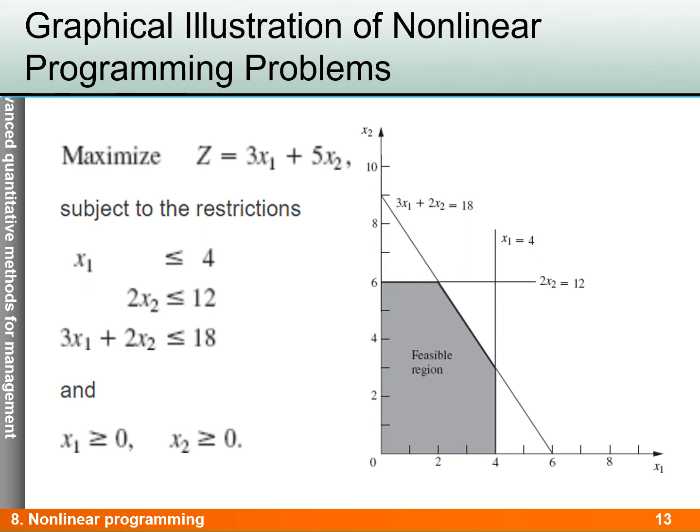In a graphical solution, because we have 1 and 2 variables, it is possible to draw it graphically. Easily, we have 3 constraints that show us our feasible region, this gray surface, and we know that this point, 2 and 6, is our feasible result and the optimal result that we are searching for.